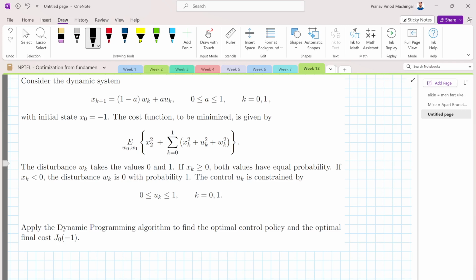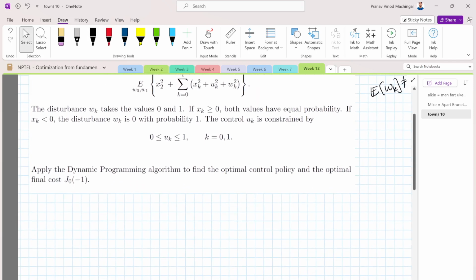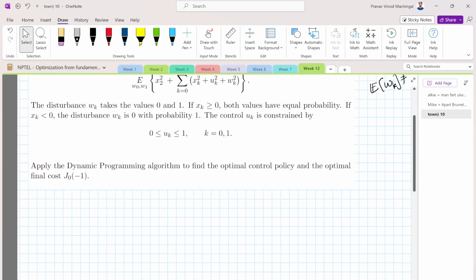It's between 0 and 1, so that condition is not satisfied. Expected value of wk is not equal to 0. So all those equations that we used, we can't exactly use here, so we'll have to derive and solve it.